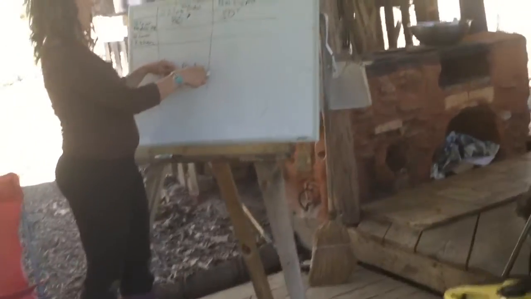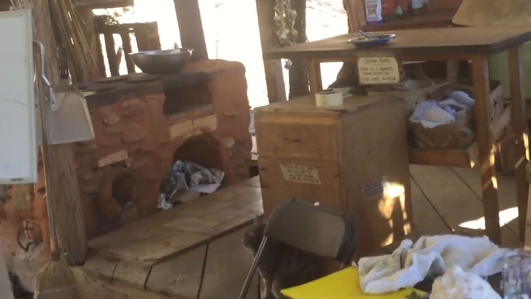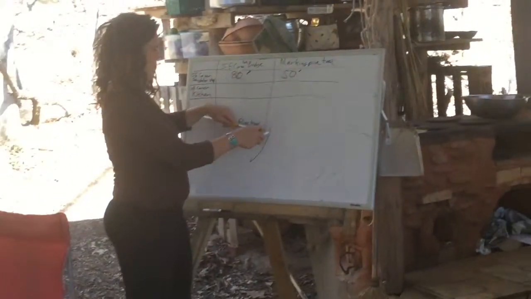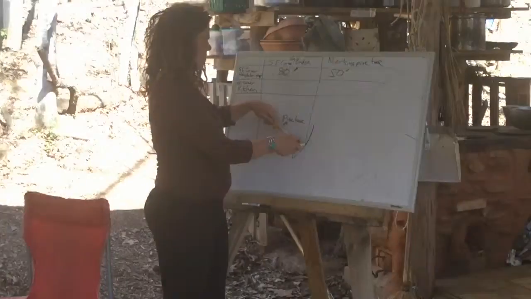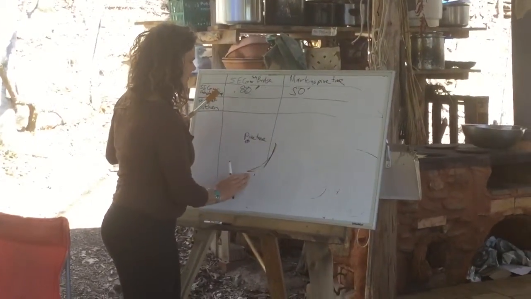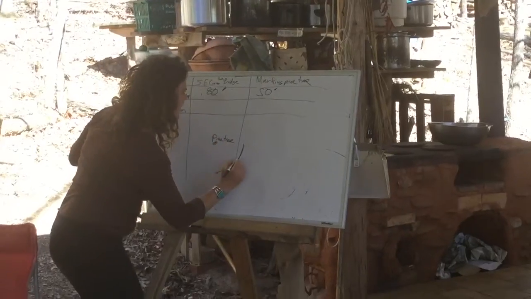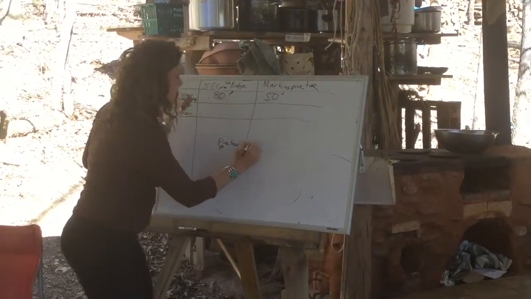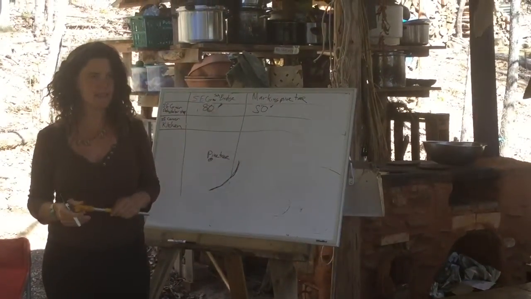So I know that my southeast corner of the dehydrator shed, this is going to work better with the actual pencil. Okay. So I know that it's somewhere in that arc. Does that make sense? Mm-hmm.